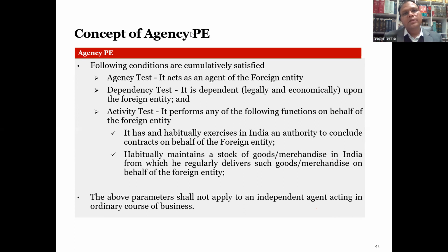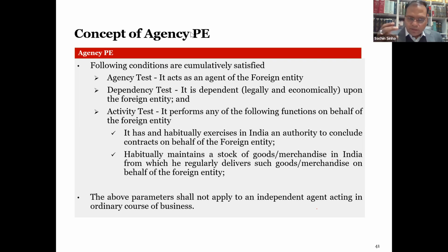The other is the PE. The PE means the entity is non-resident, it will remain non-resident. The only thing is by virtue of their activity or the other things, as Geetika has mentioned, it becomes a permanent establishment in India. If it is so, then the taxability would be at a different rate. So assuming the entity is providing fees for technical services, FTS, generally we apply 9(1)(vii).